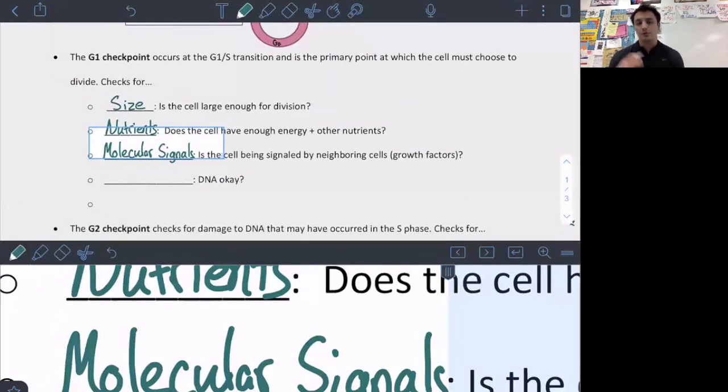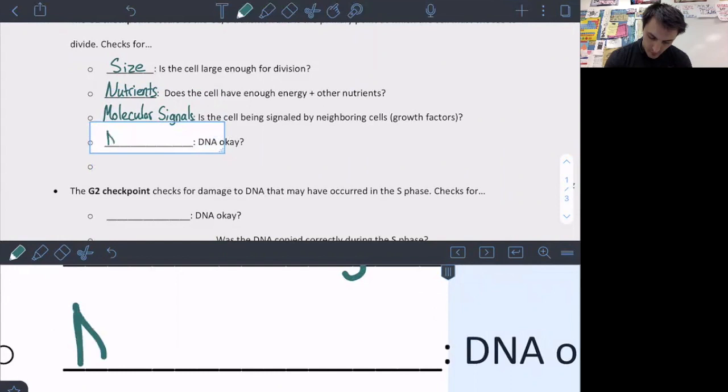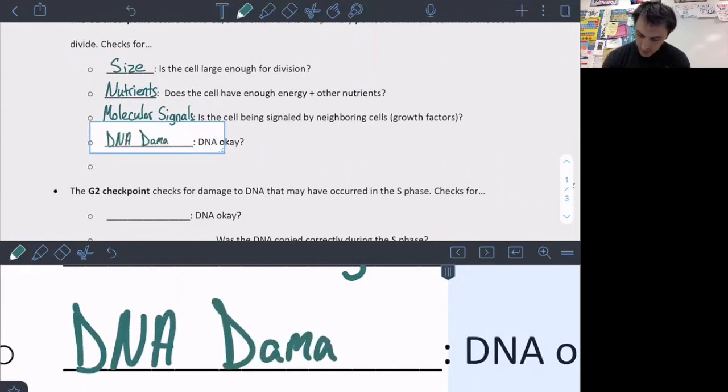Are the growth factors present in order for this process to proceed? Next one, we want to look for DNA damage. Is the DNA actually okay? We don't want to start cell division and give one of the cells bad genetic information.